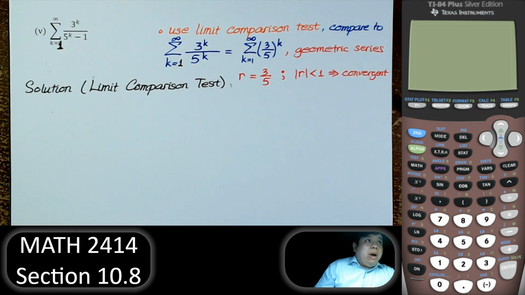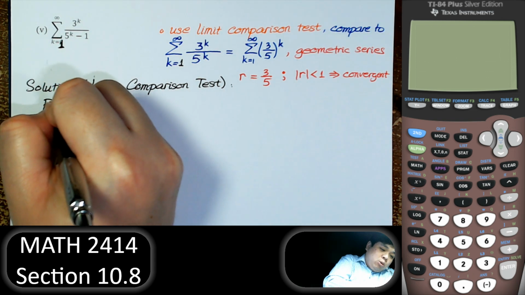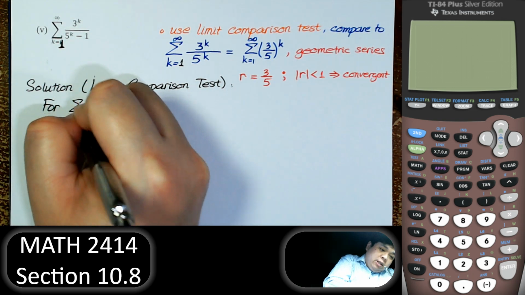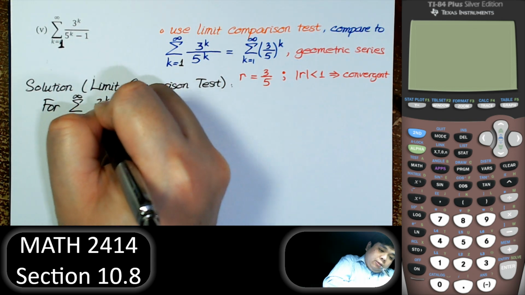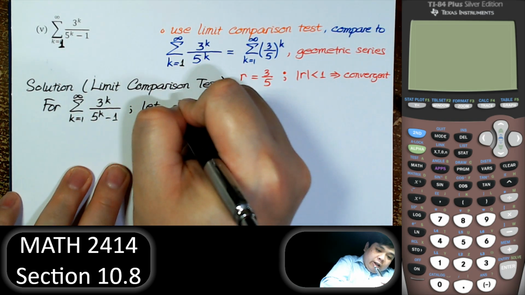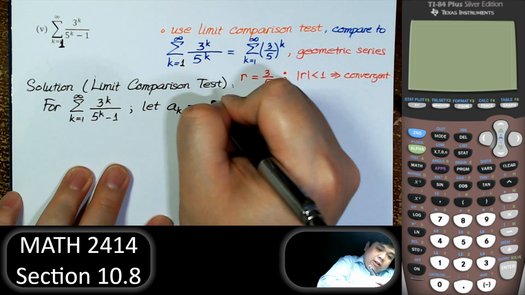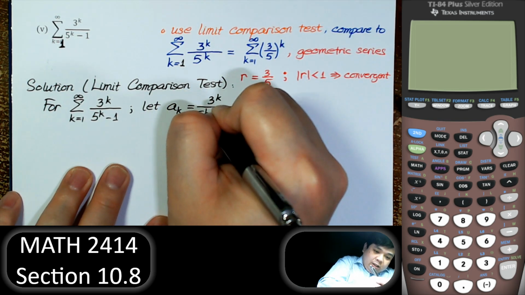Right. First, for the comparison test, we have to have a of k and b of k. So let's just write that out. For the series, let a of k be that.